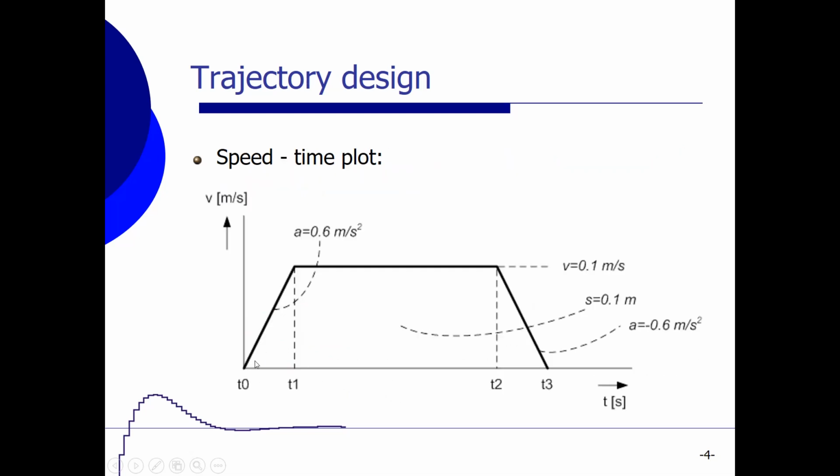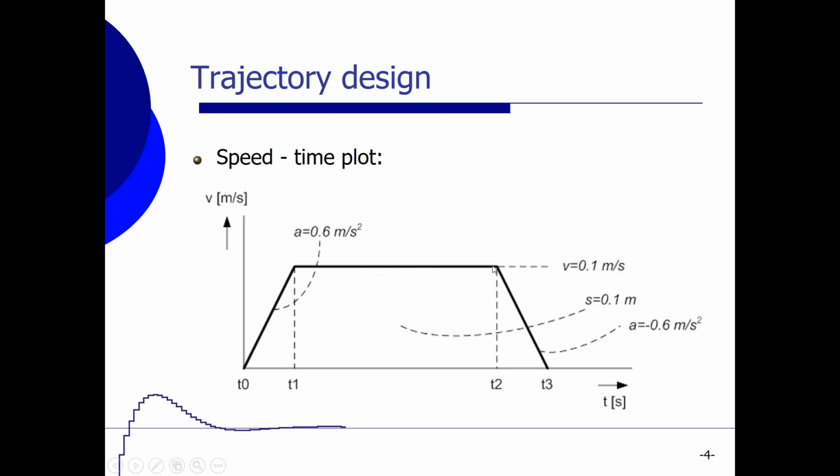So in that case, we can draw a so-called speed time plot in which we have the time on the horizontal axis and the speed on the vertical axis. And here we see the trapezoidal speed profile. Between T0 and T1, we accelerate, and you see the speed going up linearly. In between T1 and T2, my speed is constant, so my acceleration is 0.